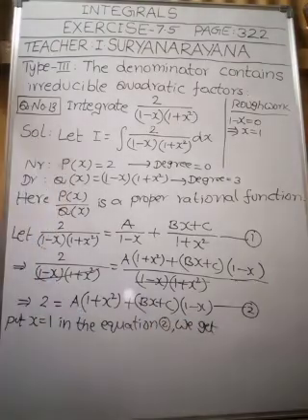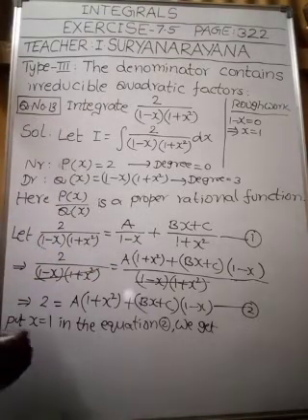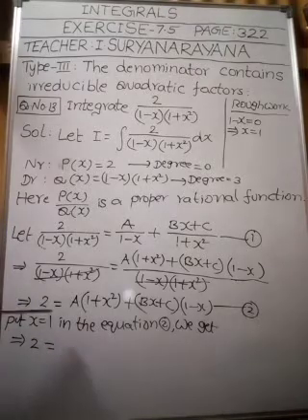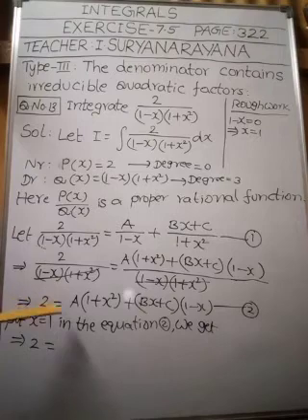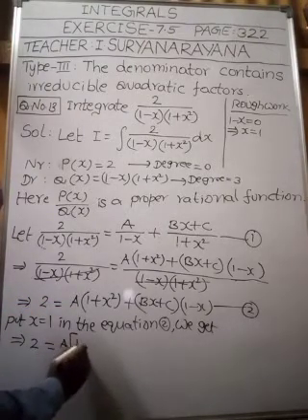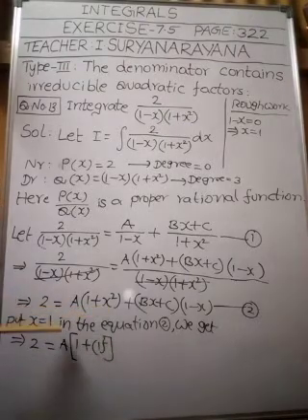In the LHS no x term is there, so we write this term as it is. A into 1 plus x square, so 1 whole square.